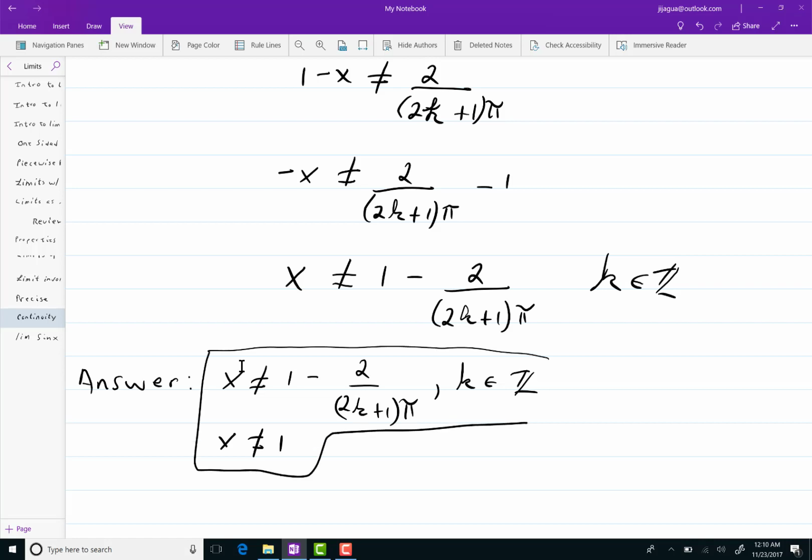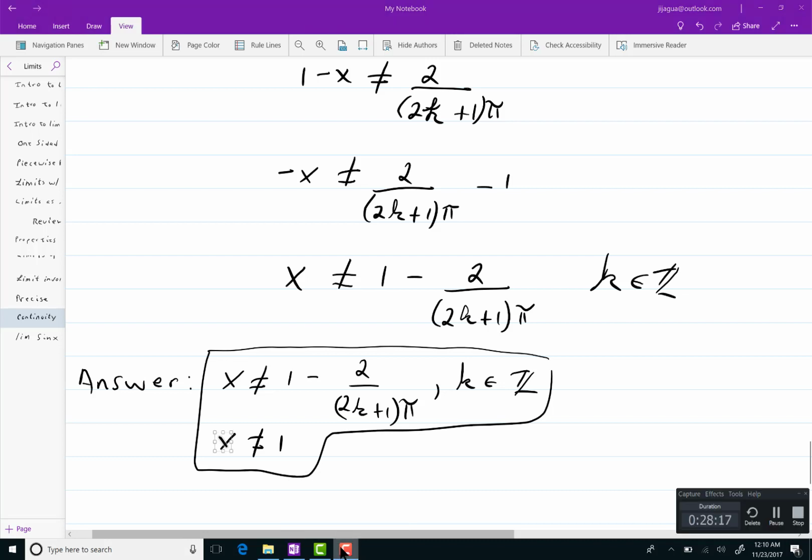I'll use this as my whole answer. I'm sure there are cooler ways of doing it than that, but that gets all the information that I need. That would be an extremely difficult thing to describe using intervals.